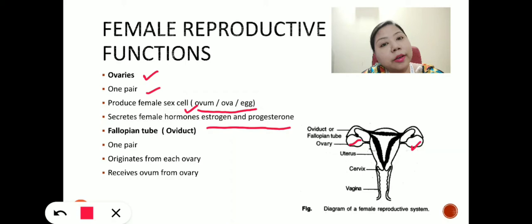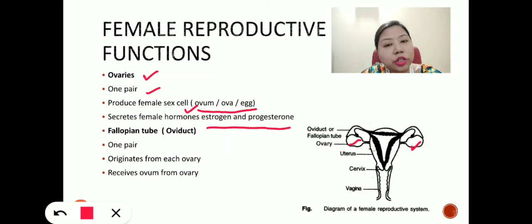Similarly, as the male hormone testosterone is produced by the testes, the ovaries also produce the female hormones called progesterone and estrogen.